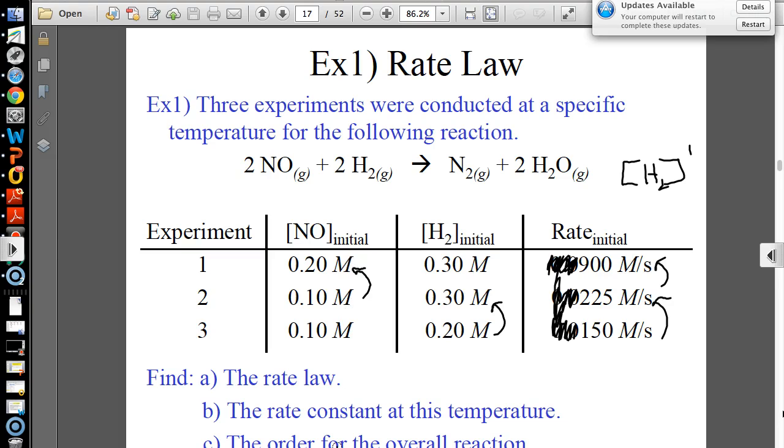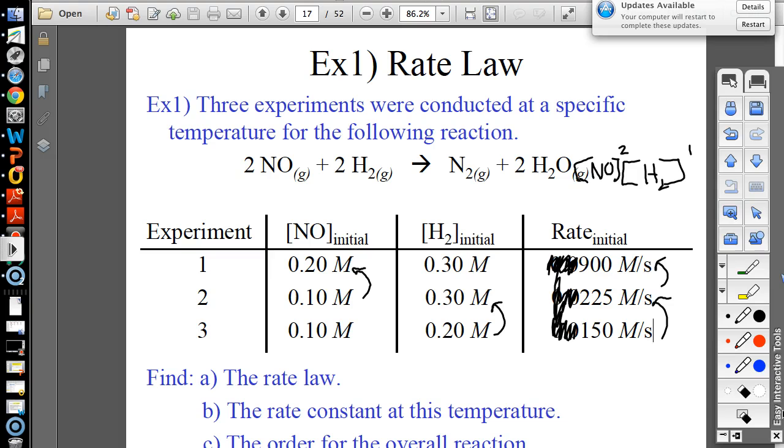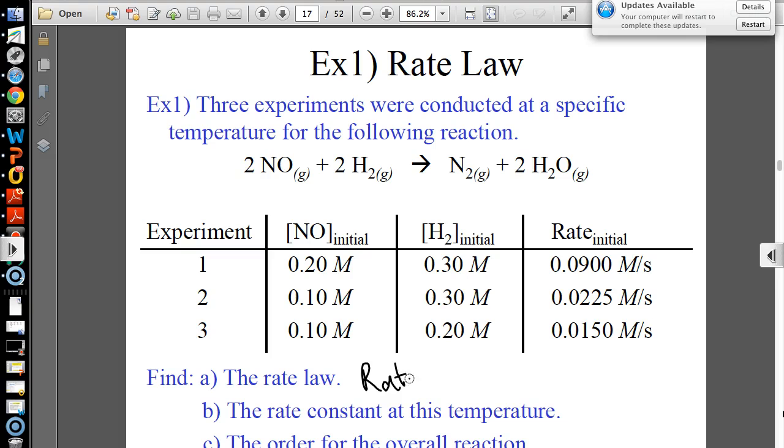But this guy right here goes up by a factor of 4 when this doubles. Okay, so what's going to be the order in respect to NO? 2. These numbers are, like I said, a little bit harder than the other ones that I've seen. So, if I'm writing this out all pretty and everything, if I want to write this rate law, then it's just going to be rate is equal to K. We don't know K yet, so we won't put a K. And then I'm going to go NO, and that's what we just found, right, as 2.